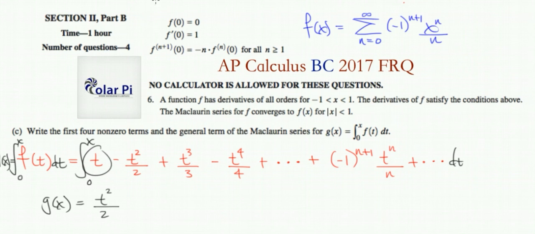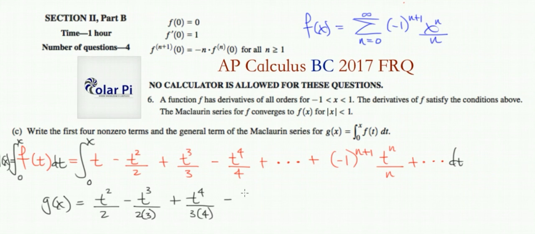And that's the antiderivative of that, and then for this we'll have minus t cubed divided by 6, but I'm going to choose to write 2 times 3 instead of 6, and then it'll be plus t to the fourth divided by 12, but again I'm going to write 3 times 4. It'll be revealing to write it in this fashion when we get to the general term.